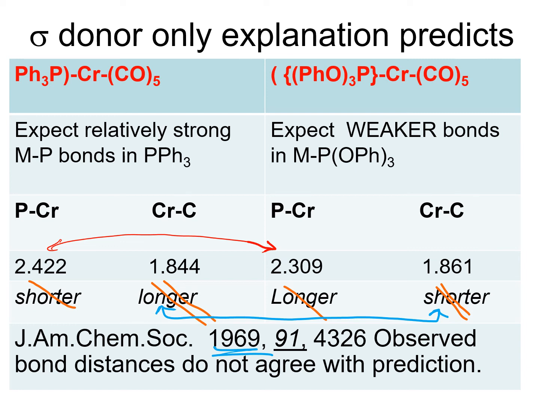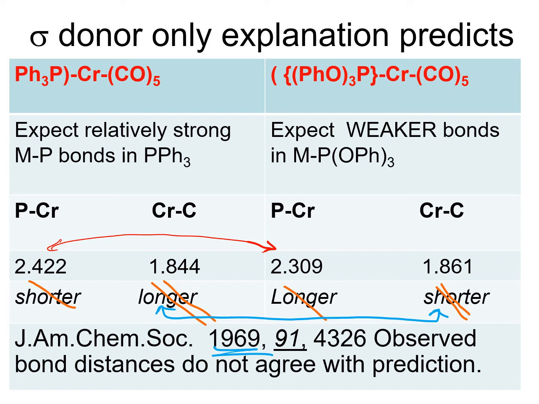In PPh3, you expected to have a shorter bond, and what you find is what is listed here. You have a shorter bond when you have the so-called weak P(OR)3 attached to the metal atom. So the phosphorus chromium bond is shorter than the phosphorus chromium bond for PPh3. And this is exactly opposite of what the sigma only explanation would predict.